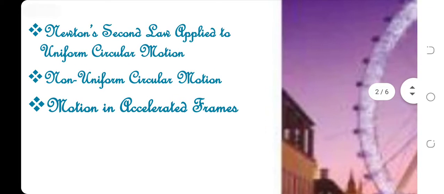We have chosen three topics for this lecture: Newton's second law applied to uniform circular motion, then non-uniform circular motion, and motion in accelerated frames.